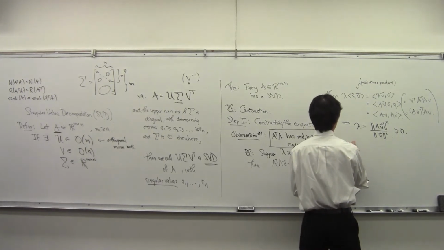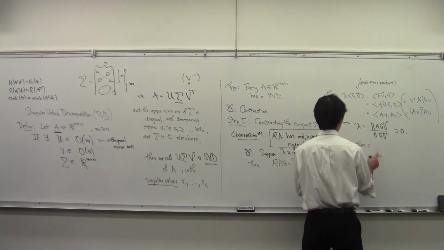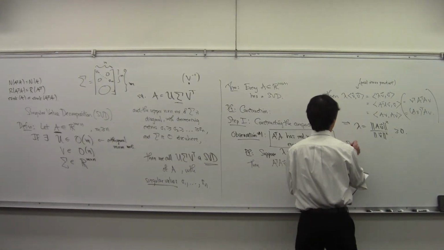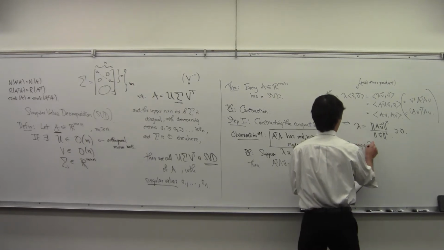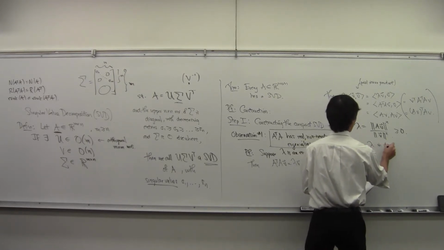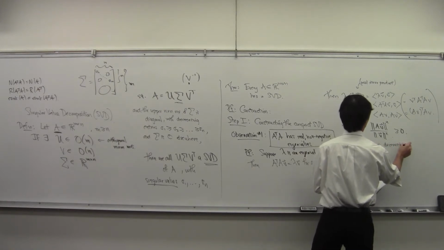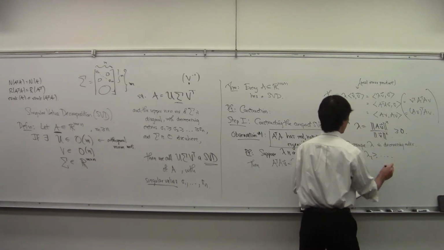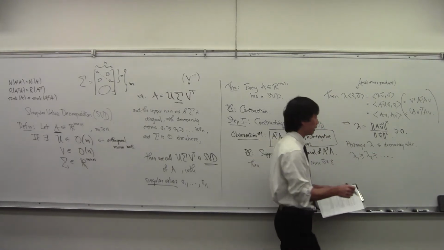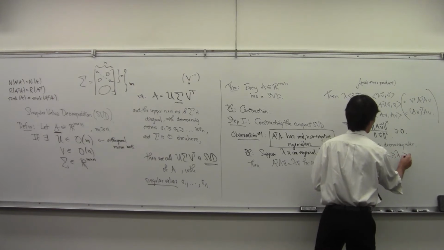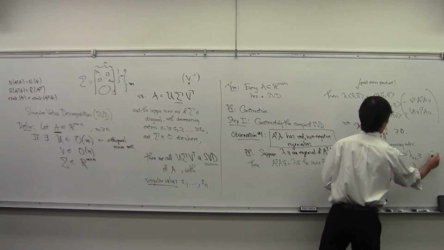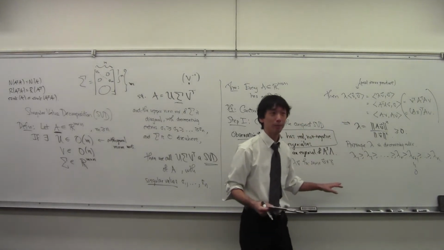Say that we arrange the lambdas in decreasing order. So lambda 1, then lambda 2, etc. And suppose that at some point they become 0. There should be n of them.